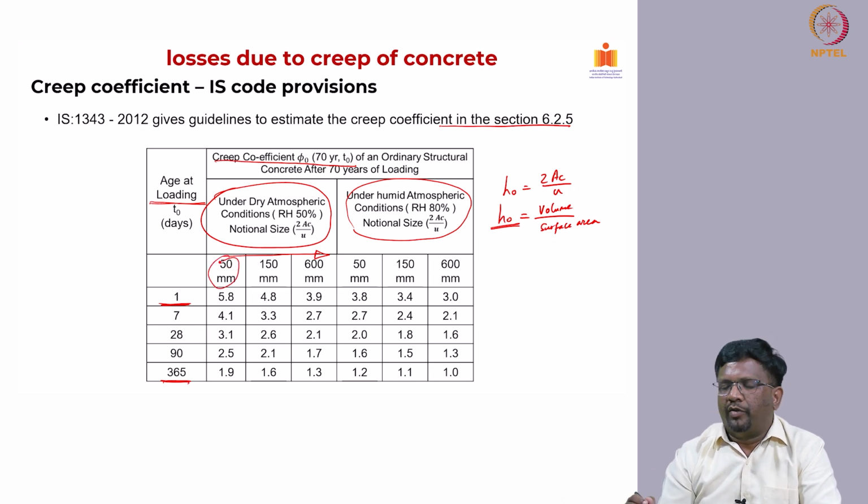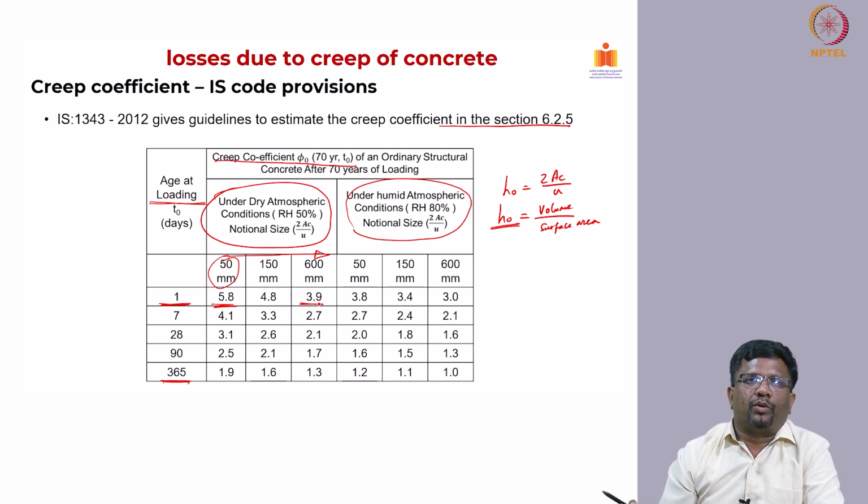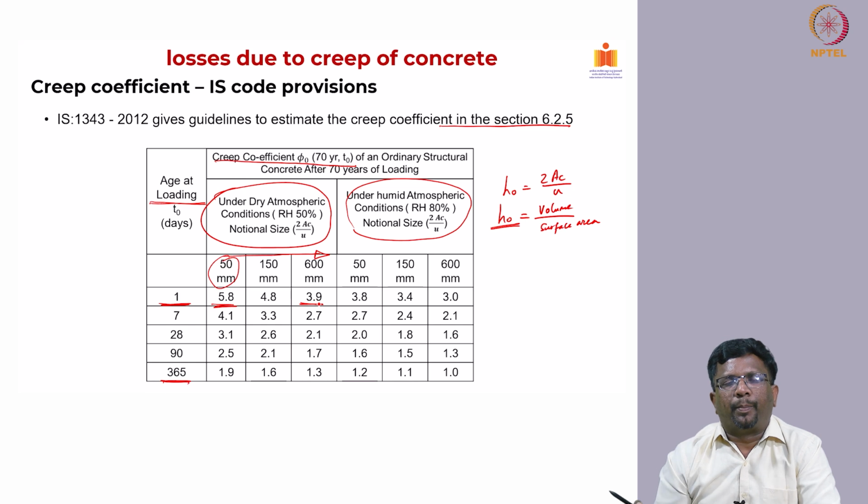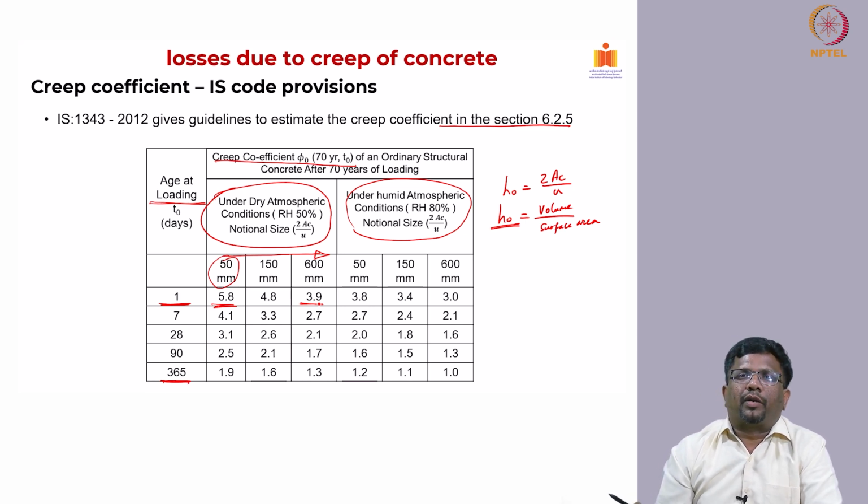That's why for H0 of 50, the creep coefficient at age of loading of 1 day is 5.8. However, when H0 becomes 600, this becomes a lesser value of 3.9. In this way, the code is giving you a very simplified method of calculating the creep coefficient depending upon the H0 factor and the age of loading.